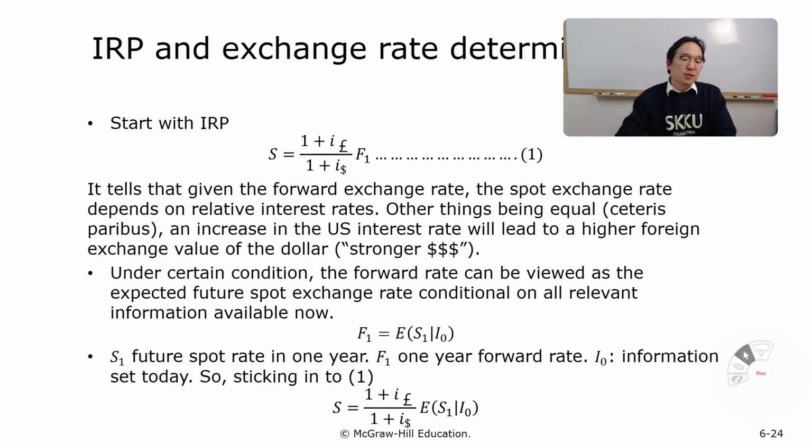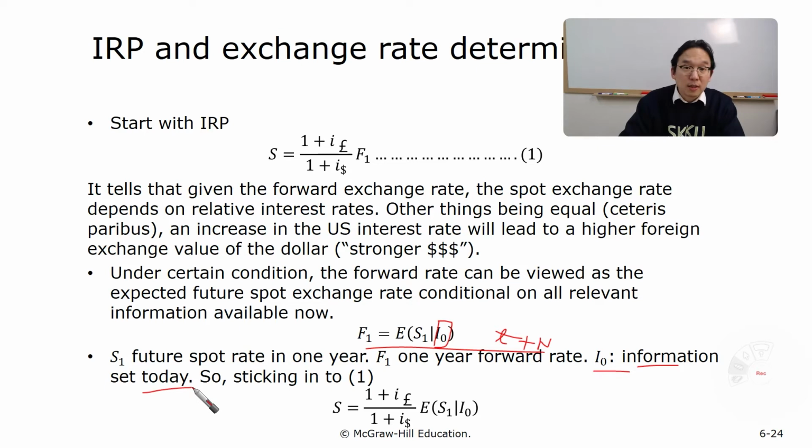That's mathematically shown like this, right? Conditional probability given the information set. S1 stands for the future spot rate in a year. F1 is the 1 year forward rate, but you can generalize into T plus N instead of 1. I0 is the information set today.